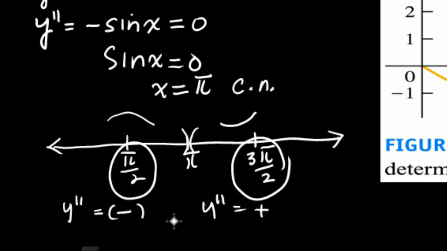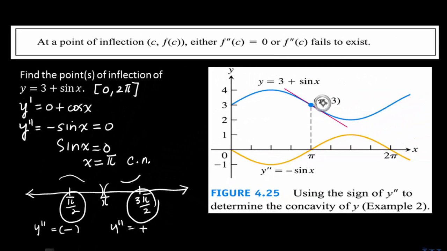And so we conclude that our point is (pi, 3), because we plug in pi into the original function, and we get that y is equal to 3 plus 0, which is equal to 3. So we conclude that the point (pi, 3) is a point of inflection because of this change of the sign of the second derivative from negative to positive. See, this is the graph of the second derivative.